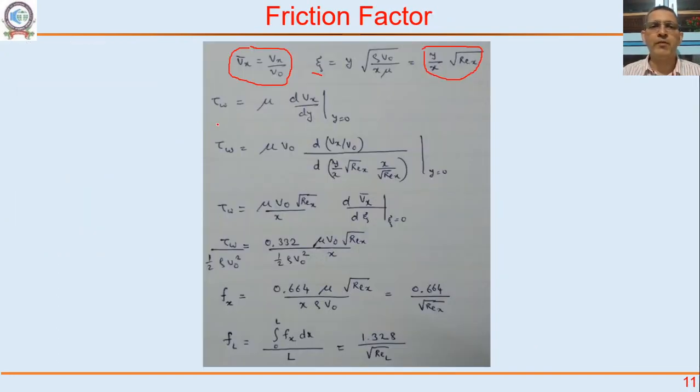Okay. What is tau w? Mu dVx by dy. There is no minus sign. Vx is increasing with y, but it is evaluated at y equal to 0. Rearrange, you will get this expression, tau w as mu V naught square root Rex by x, dVx bar by d zeta at zeta equal to 0. What is this value? It is nothing but the slope at zeta equal to 0.